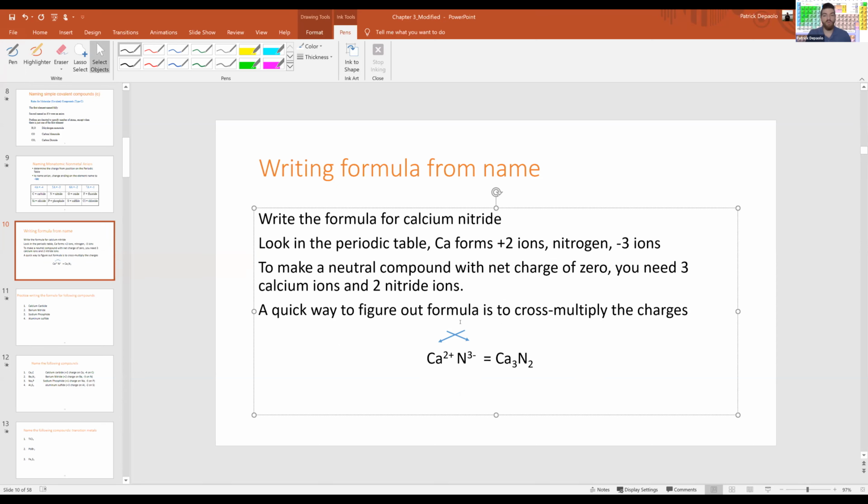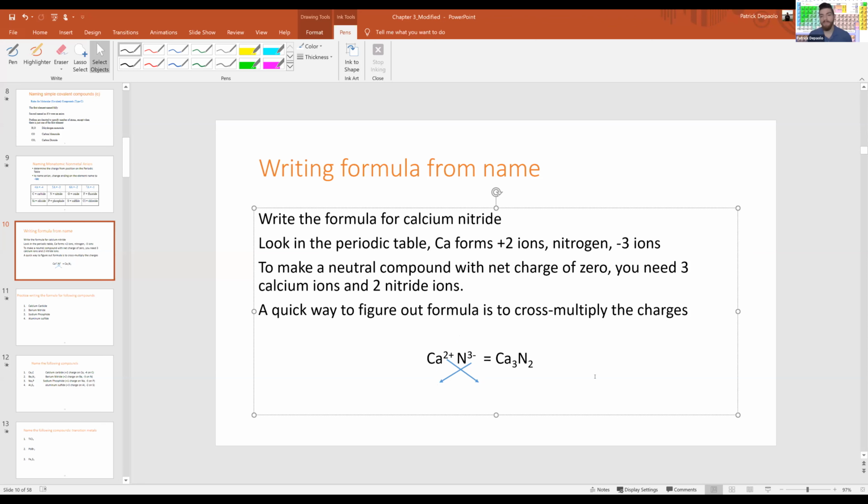Then a cool little formula is the crisscross rule. These arrows are in the wrong place. You go like that, and you go like that. You take the number on the charge and crisscross it, bringing it down to the opposite side. The Ca would now have 3, and the nitrogen will now have 2. And that's the formula.